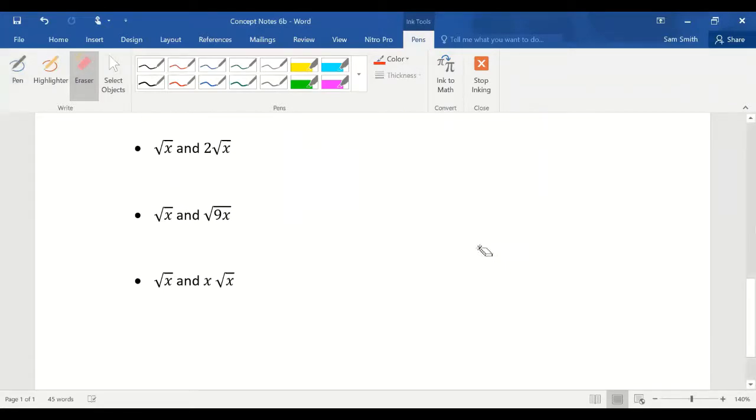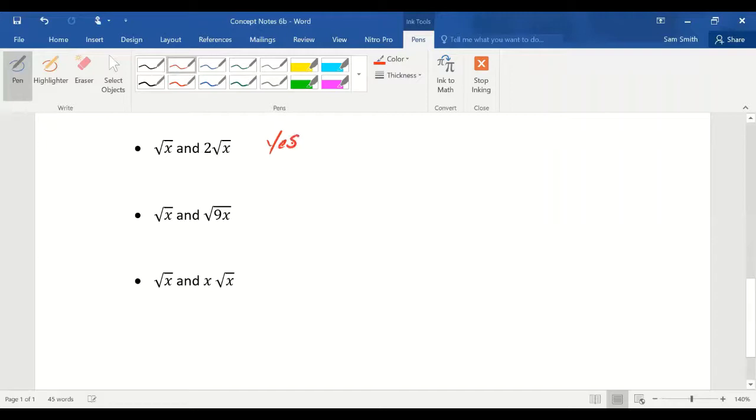Okay, but what if I just scooch that 2 from the inside of the root to the outside? And what if I compared root x with 2 times root x? Now the situation has changed because this 2 is now on the outside of the root.